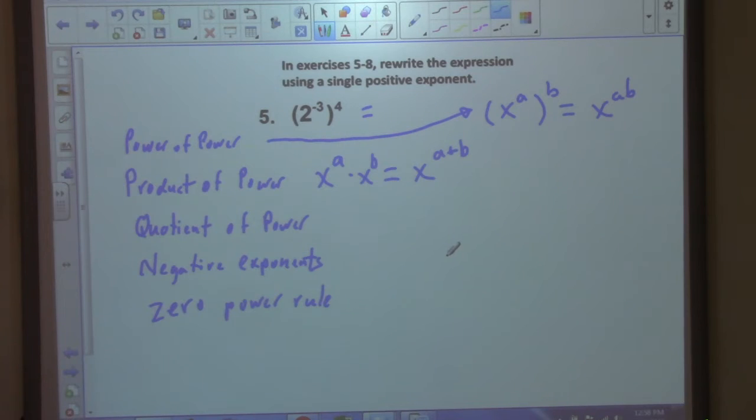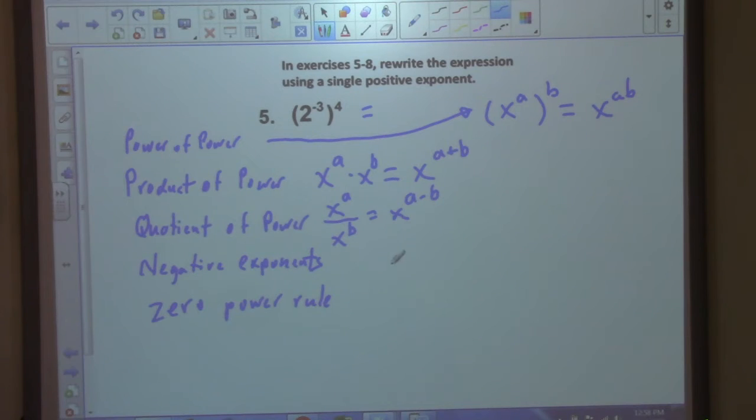Now for the quotient of power, if we have x to the power of a divided by x to the power of b, we get x to the a minus b.